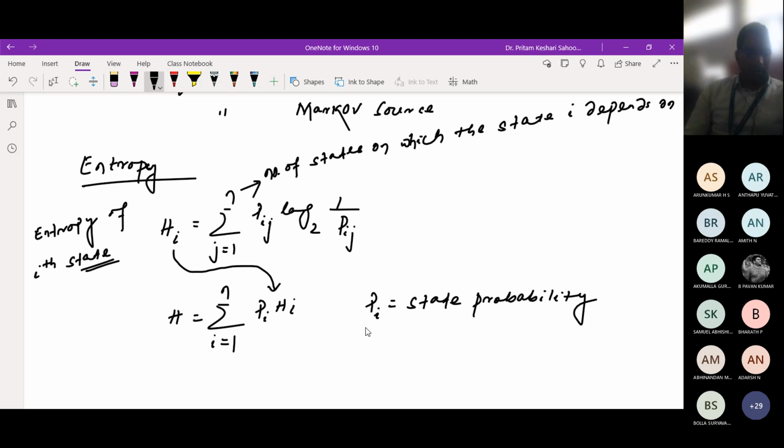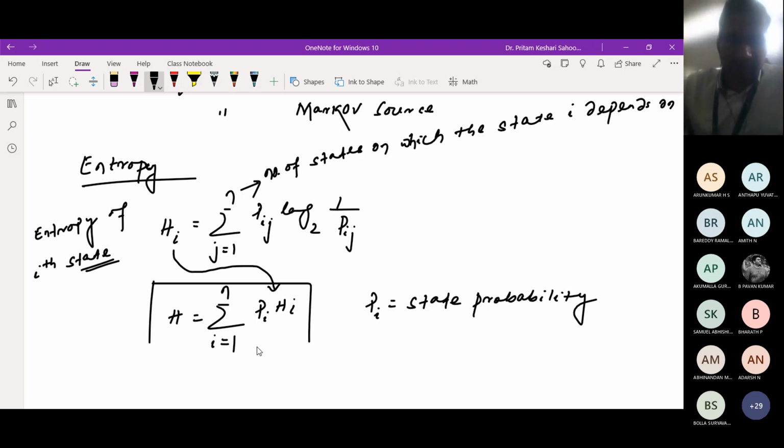Okay, understood? So this particular equation represents the average information of the source, whereas the other equation represents the average information of each state. Now, if we sum all the average information of every state, that will give us the final average information of the source.